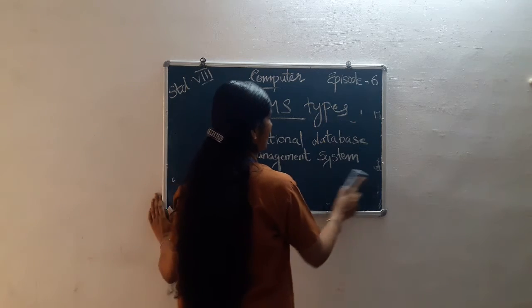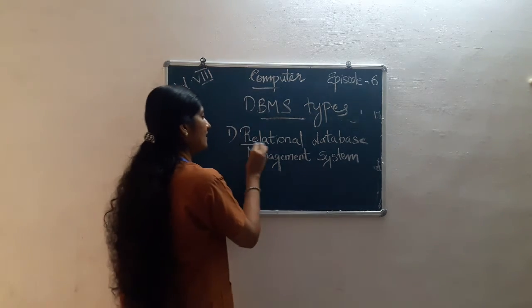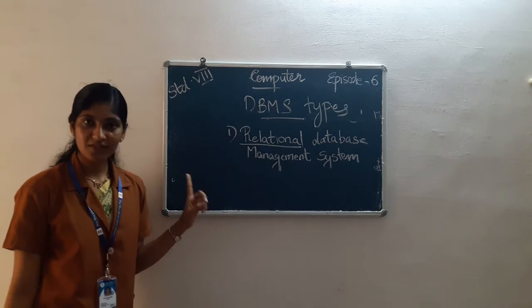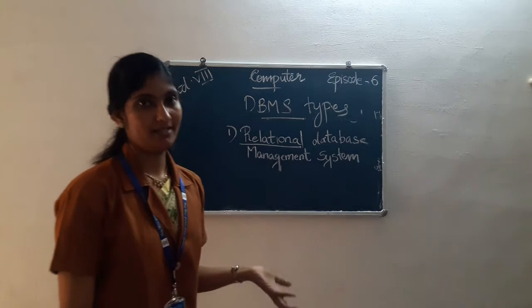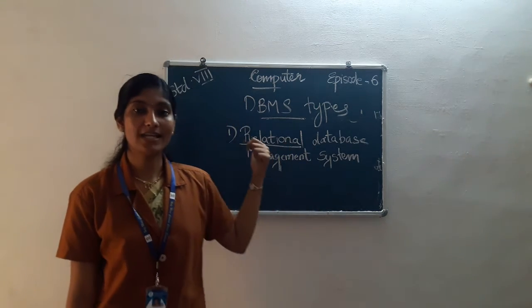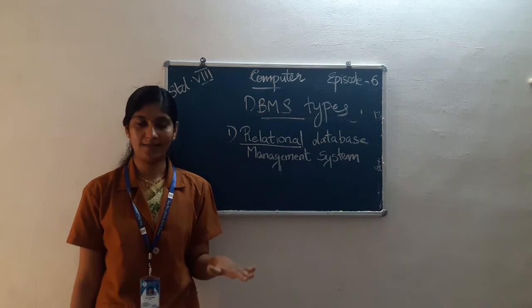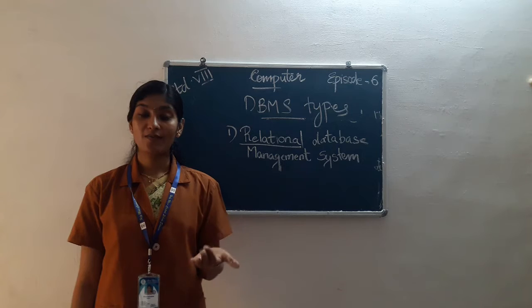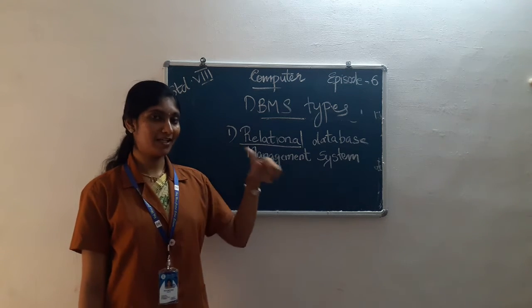So the first one is relational database management system. Relational means in this type of database management system there are a number of tables, and each table has a relation. That's why its name is relational database management system. In this chapter we will learn more about it, and we will continue later.